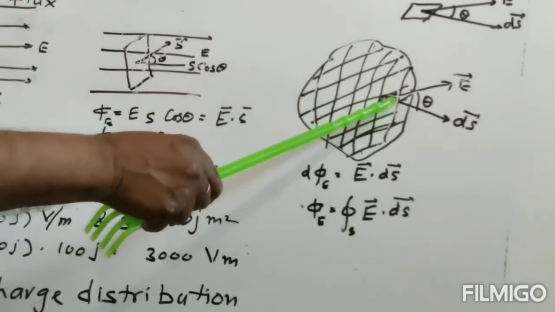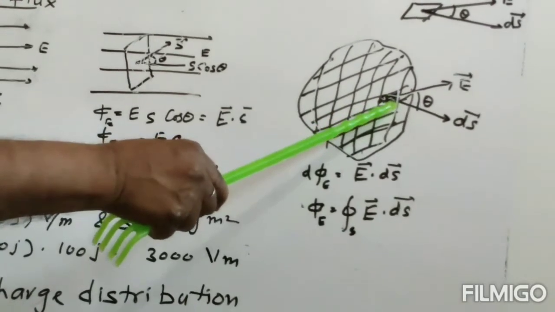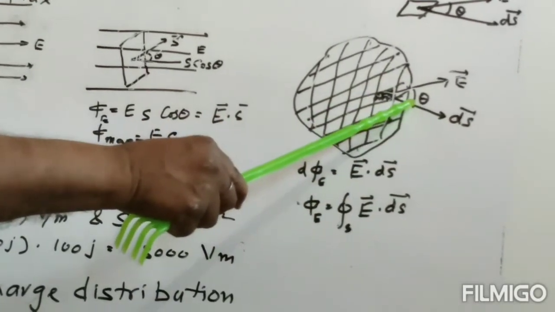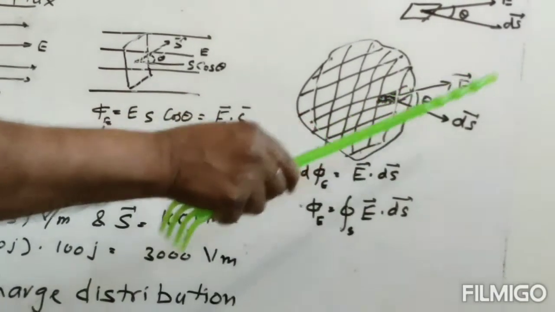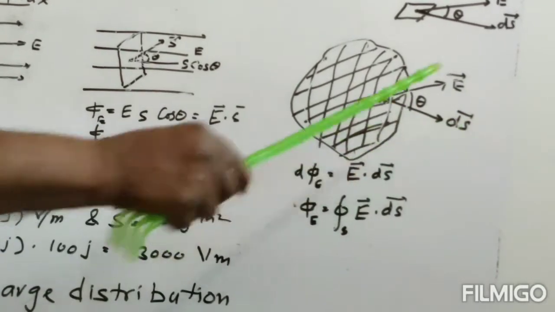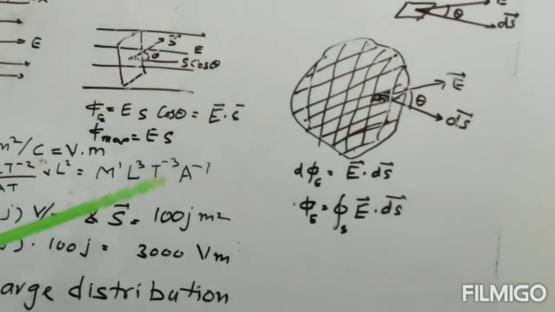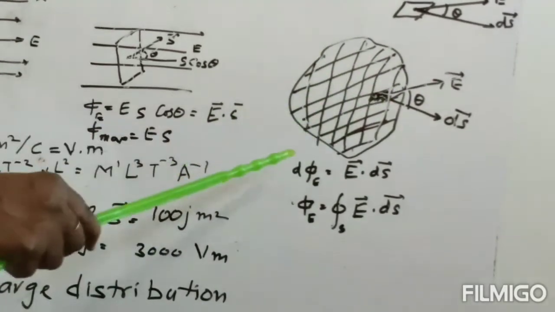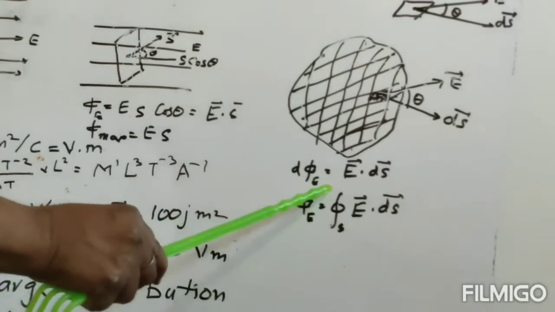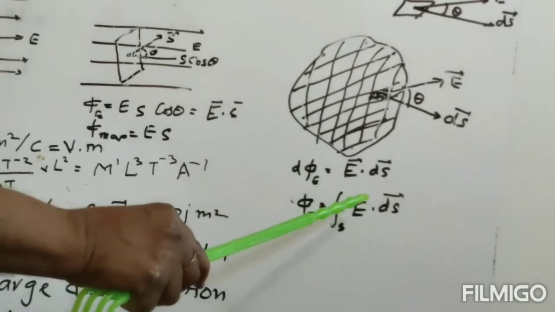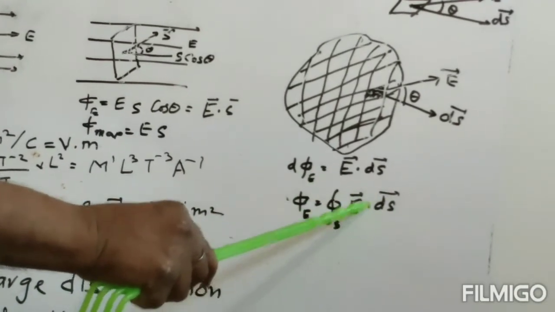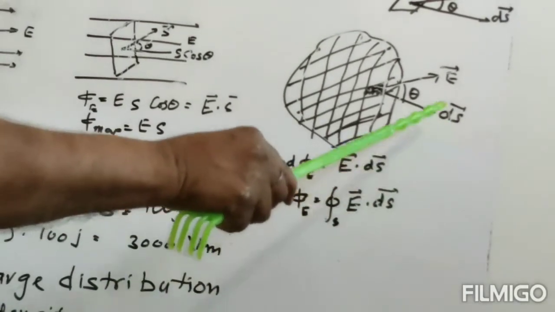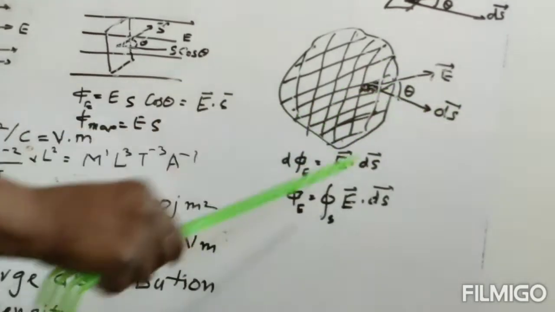The area vector which is perpendicular to this area is in this direction, and theta is the angle subtended between electrical field and area vector ds. Then what will be the electrical flux? The electrical flux due to this small area is d phi E is equal to E vector dot ds vector, where ds vector is the area vector of this small area ds.